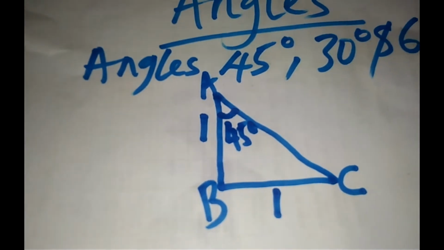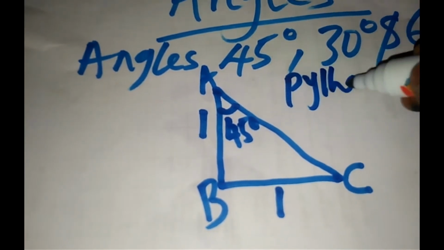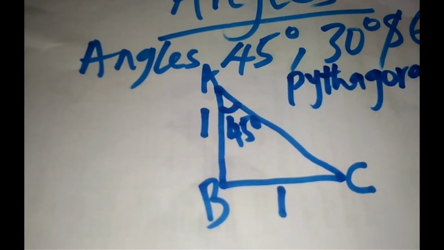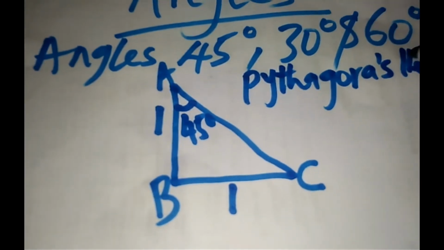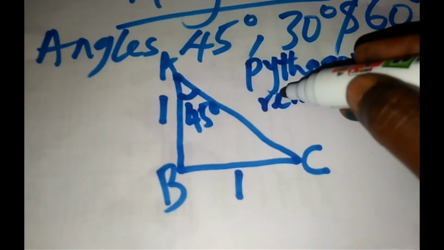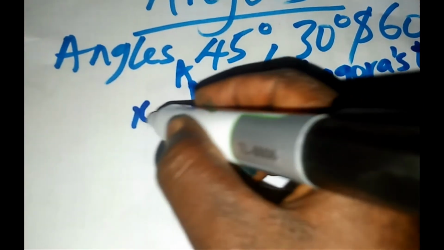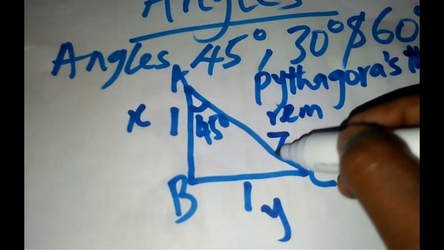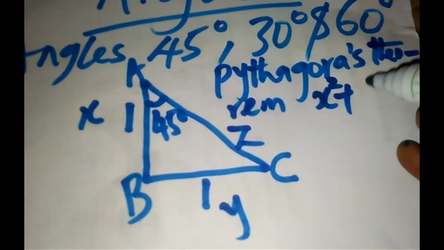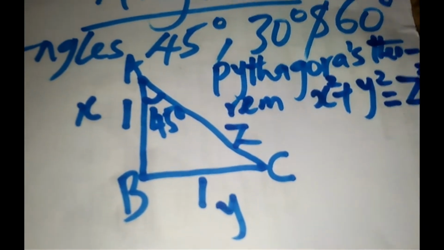So knowing that, we're going to use the Pythagorean theorem. By Pythagoras theorem, say this is x, this is y, and this is z, which means x squared plus y squared will be equal to z squared.